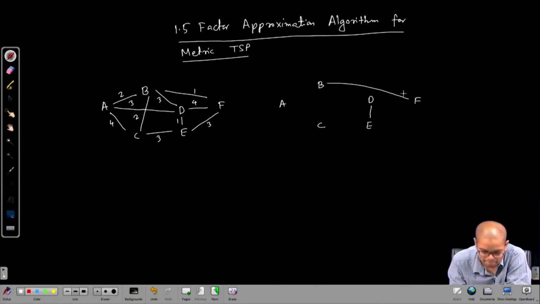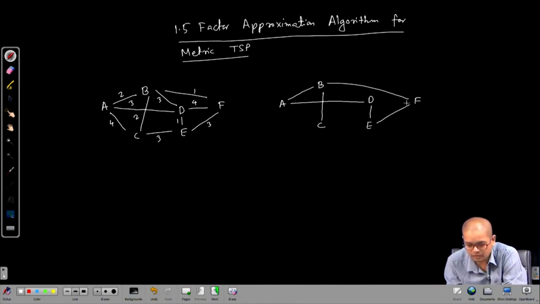These two we add, then A B, B C, and then A D, and then E F. This is one minimum spanning tree.